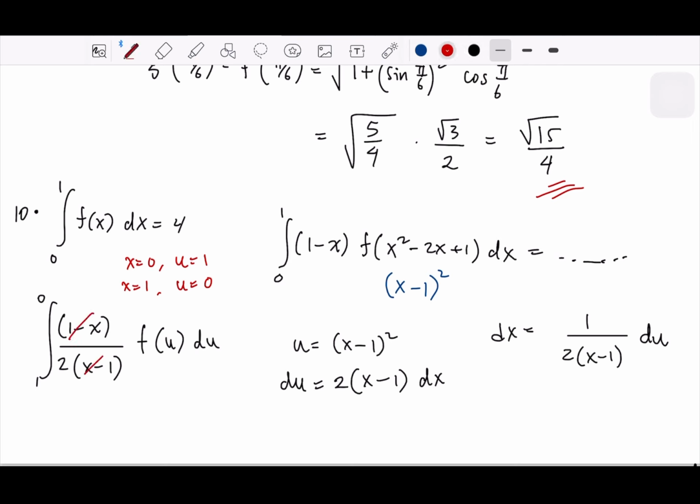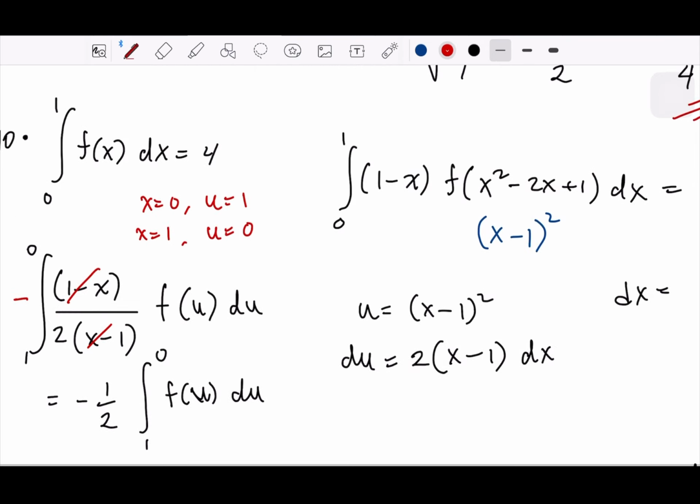We can cancel this and make it negative. So we are having negative 1 over 2 integration 0 to 1 f(u) du. But I can switch the 1 and 0 and make it positive, right? So this is equal to half, and we are back again to 0 to 1 f(u) du.